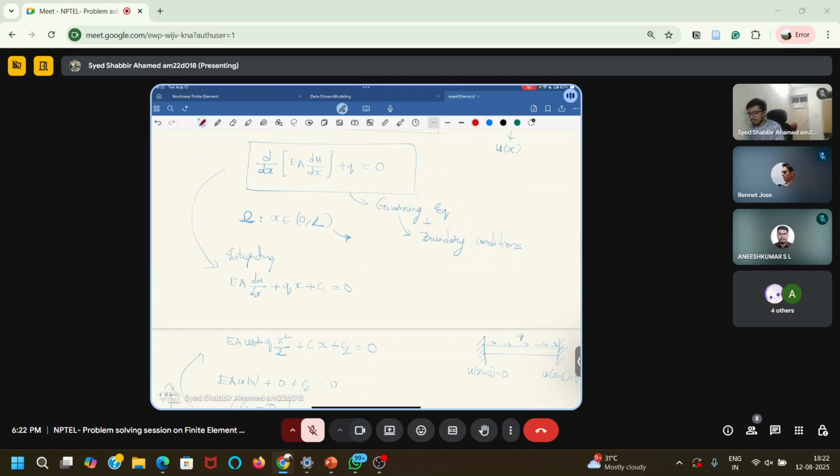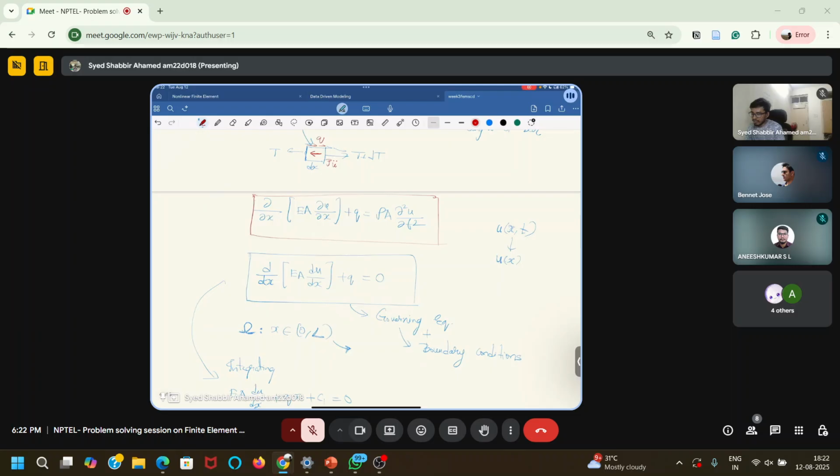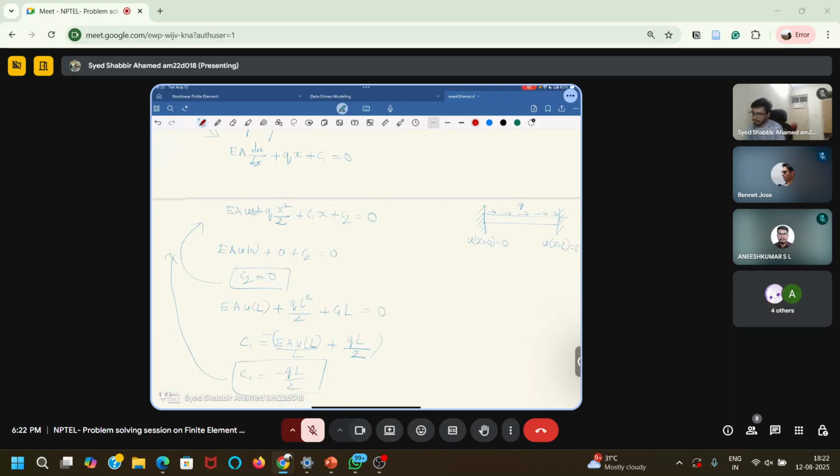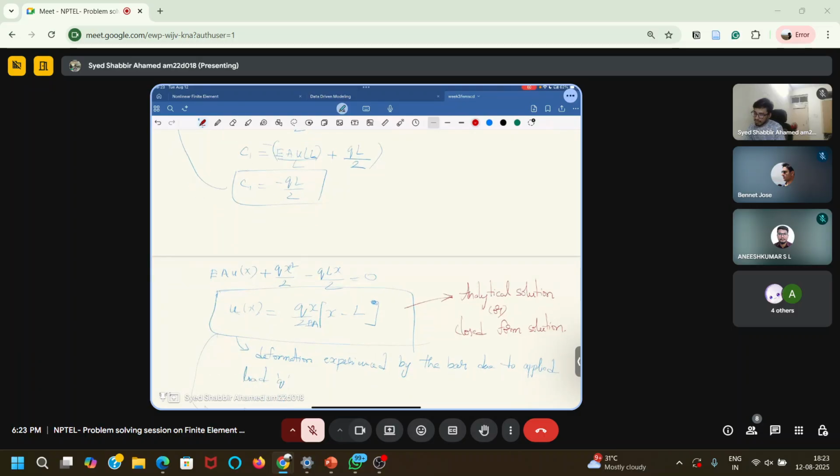So you can see that this is a very simple problem. We are just integrating this governing equation two times and applying the boundary conditions. We are getting the integration constants and finally we are getting the solution. So this is called an analytical solution because you are integrating directly and you are getting a closed form solution.